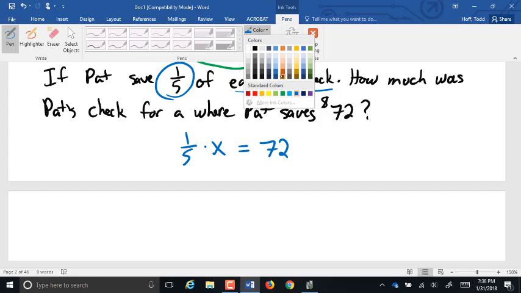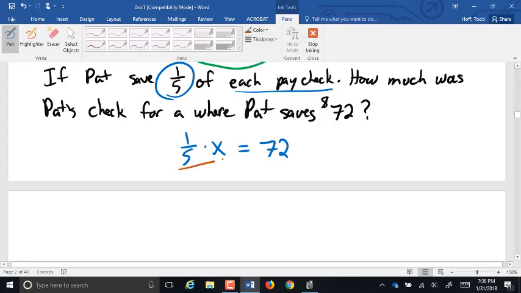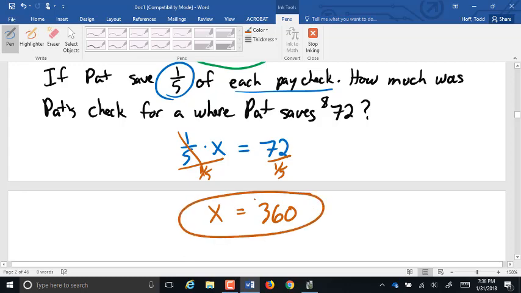We're going to solve this by dividing by 1/5. Now, we learned last week that dividing by 1/5 is the same as multiplying by 5. Very good, the reciprocal. So 72 divided by 1/5, or 72 times 5, is 360. So Pat's check for that week was $360. Any questions?